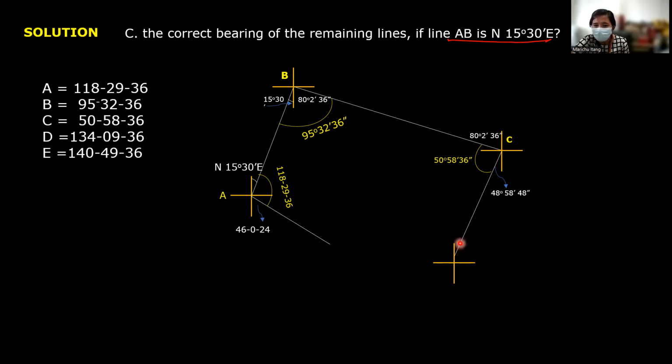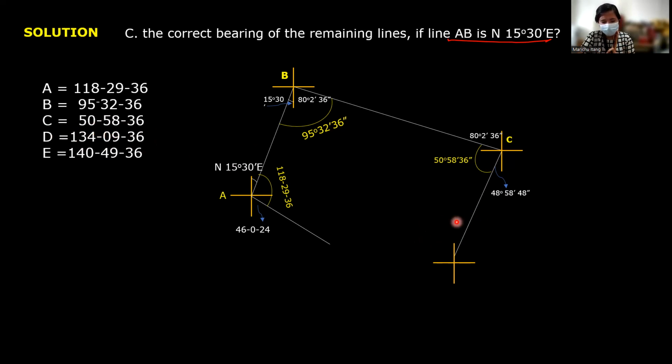Okay, so if this is 48 degrees, 58 minutes west, then from here we count 134 degrees, 9 minutes, 36 seconds, because we are now at station D. Since we already have 48, we only need to push about 90 degrees more. So from 48 degrees, if we subtract 48 degrees from 134, 9, 36.